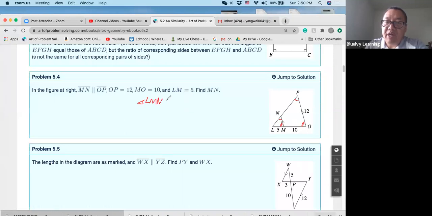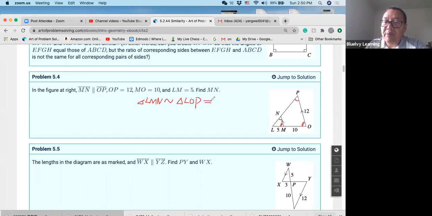Triangle LMN similar. See, the similar sign is like this. Compared with congruent, you just take away the equal sign and keep this wave sign here. Then this one equals LOP, similar with this triangle.